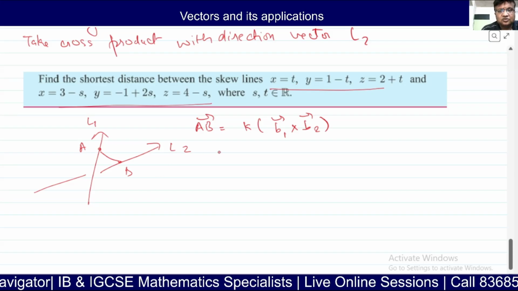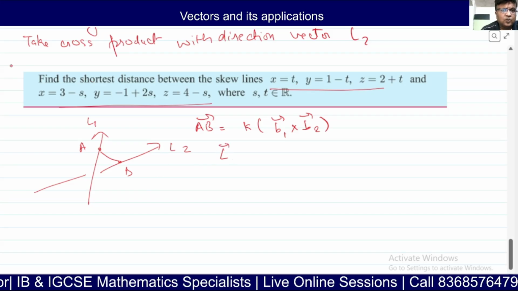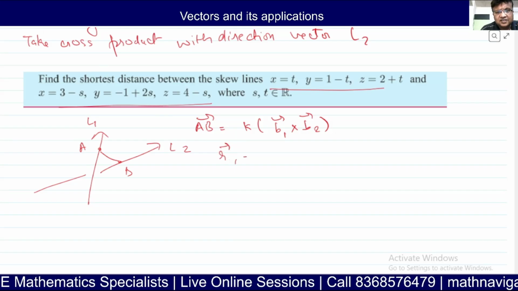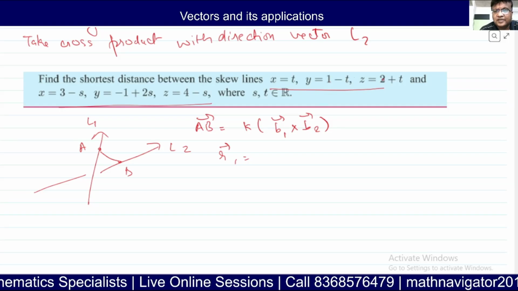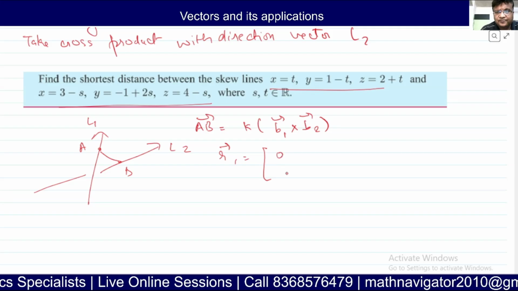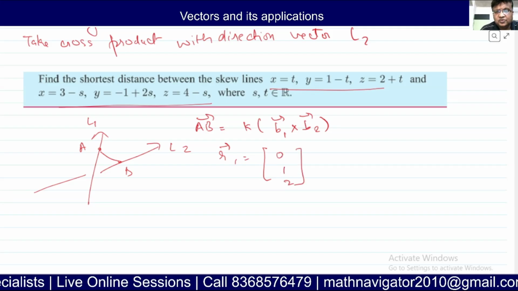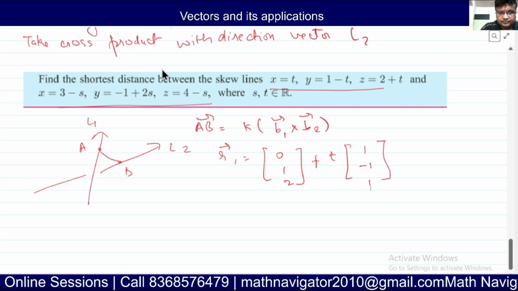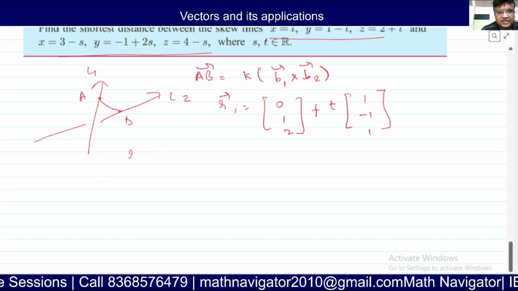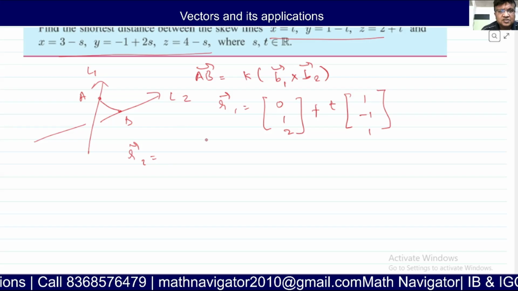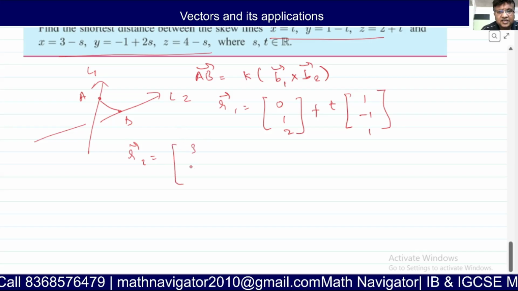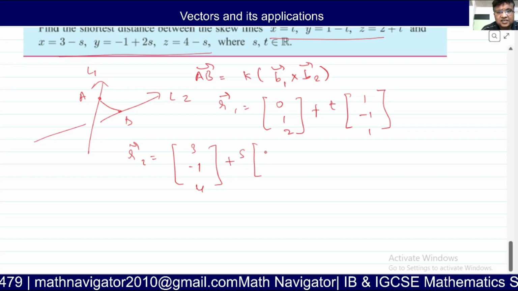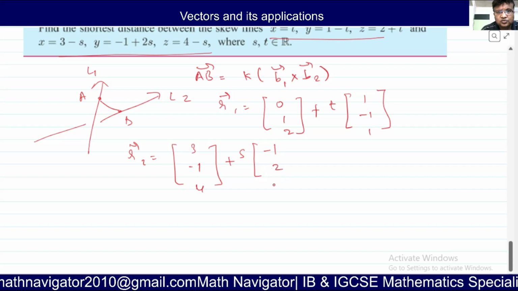I'll just make it. So let's say the vector equation of L1 is vector R1 equal to (0, 1, 2) plus t times (1, negative 1, 1). And vector R2 equal to (negative 1, 4) plus s times (negative 1, 2, negative 1).